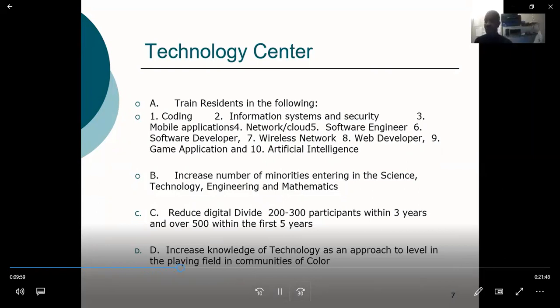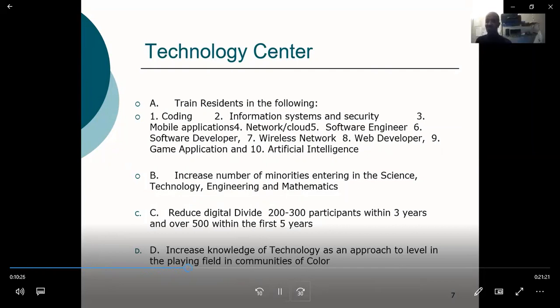Machines are going to take over those jobs. We have to put ourselves in a position, and that's what the Technology Center does, to create opportunities for residents to be successful in their bid to increase their income and their quality of life. And we're using the Technology Center as a mechanism to do that.